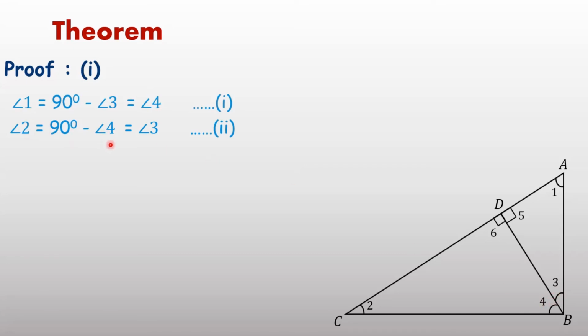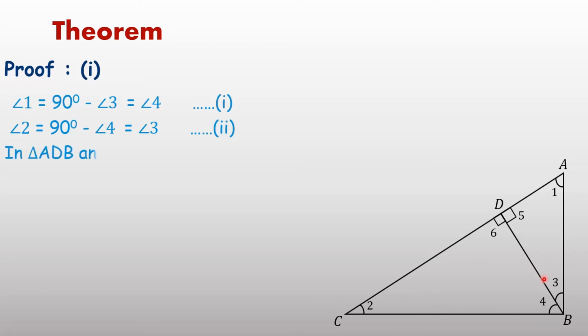It implies angle 3 is also equal to 90 minus angle 4. Means angle 2 equals angle 3. So you should remember: whenever a right angle triangle is given and a perpendicular is drawn upon the hypotenuse, then angle 1 equals angle 4 and angle 2 equals angle 3.